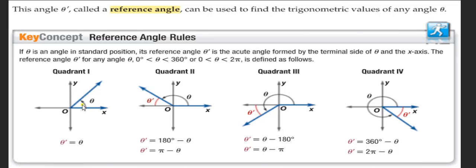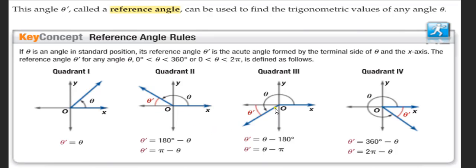If it's in quadrant 1, terminal side to the x-axis is this angle right here. Therefore, theta prime is equal to theta. And how do you find theta prime if the terminal side is in the second quadrant? Well, in order to find this angle, you need to subtract: 180 minus theta. Because theta plus theta prime will be equal to 180.